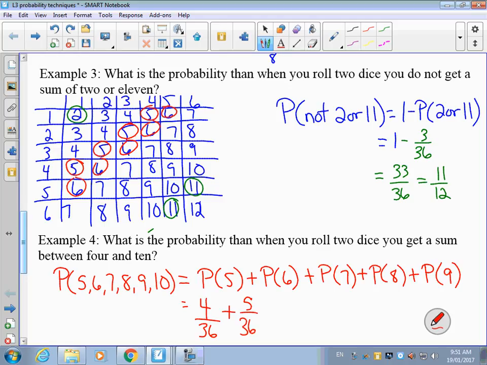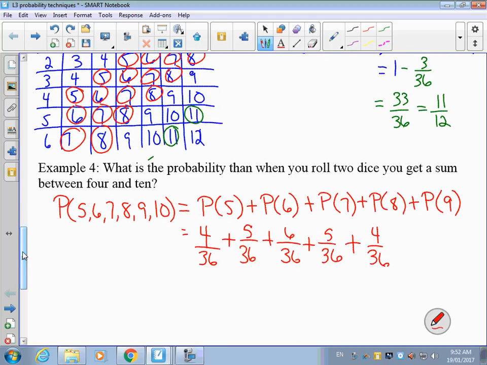I'm pretty sure there's 6. 1, 2, 3, 4, 5, 6. Sorry, 8. Oh, we're coming back down. 5 out of 36. And 9. 4 out of 36.